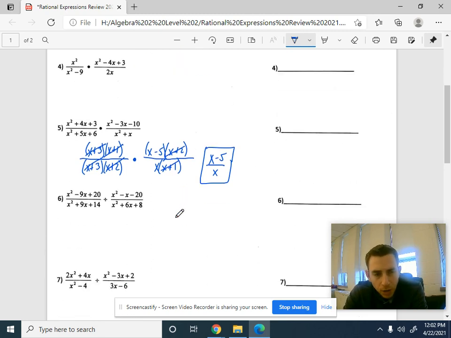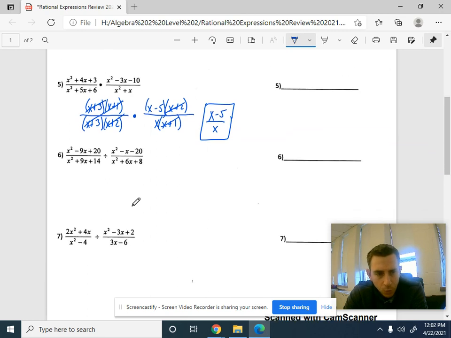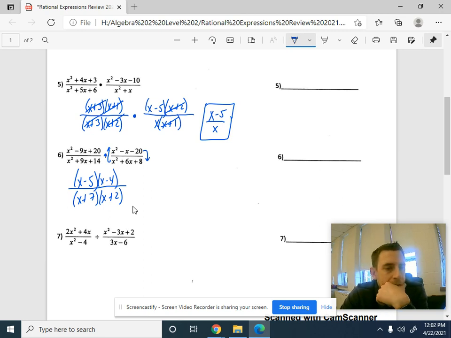Now, one small thing you have to worry about with division, right? With division, you have to remind yourself that you are going to multiply by the reciprocal of that second term. All right, so instead of dividing, we're going to multiply by the reciprocal. So again, other than just remembering that first step, everything else pretty much stays the same. We are just going to factor and reduce, right?